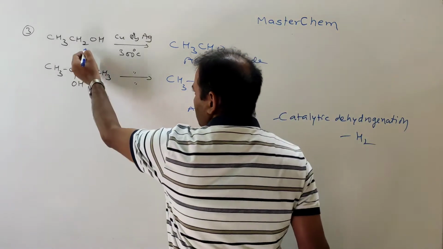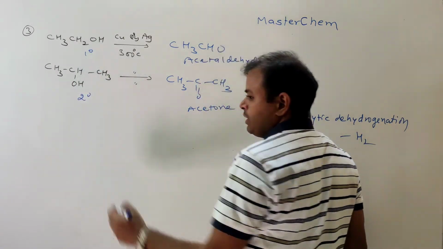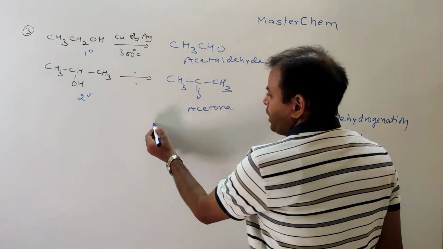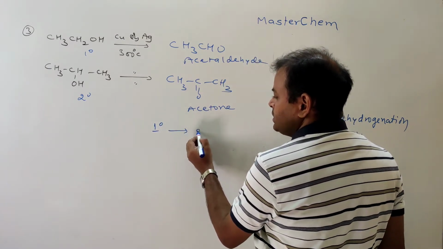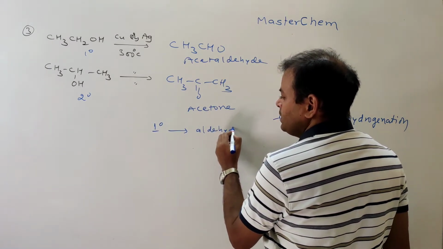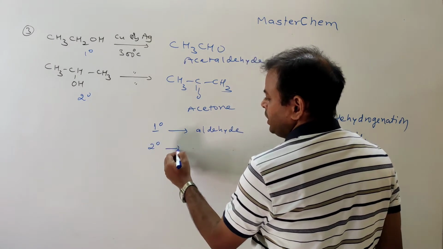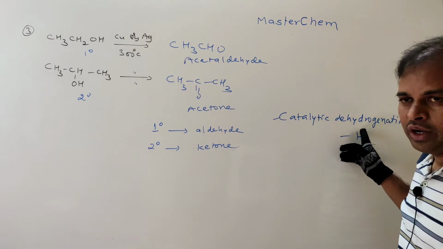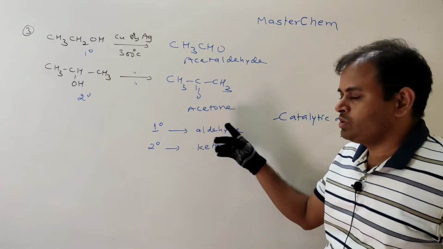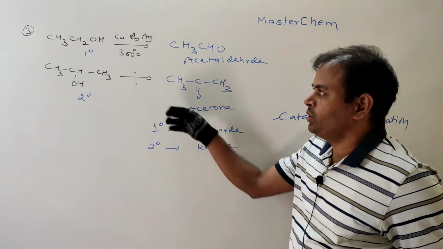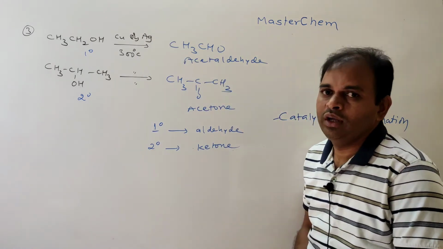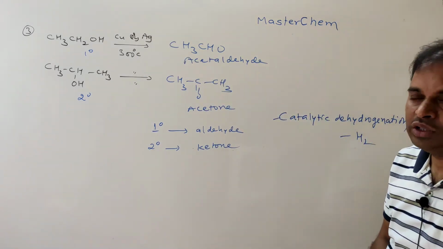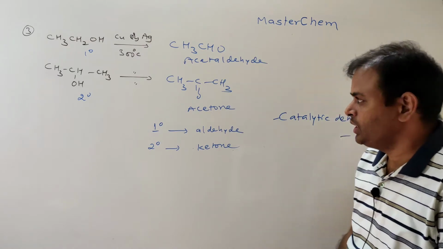This is a primary alcohol and this one is a secondary alcohol. So by the catalytic dehydrogenation method, primary alcohols give aldehydes and secondary alcohols give ketones, in the presence of catalyst copper or Ag at 300 degrees centigrade.